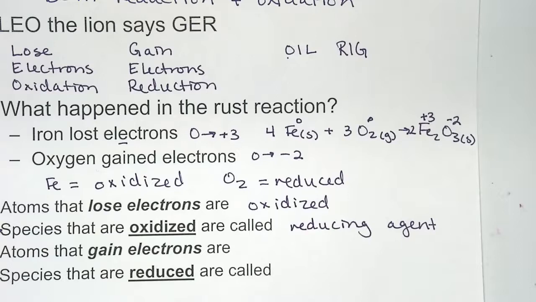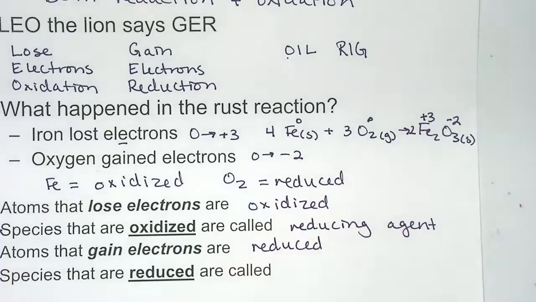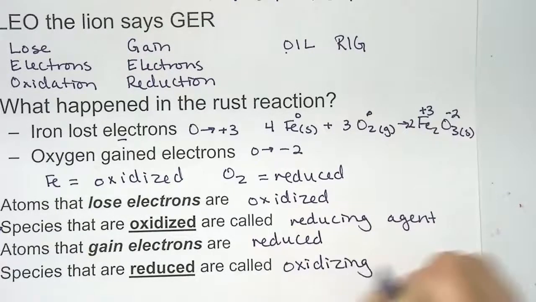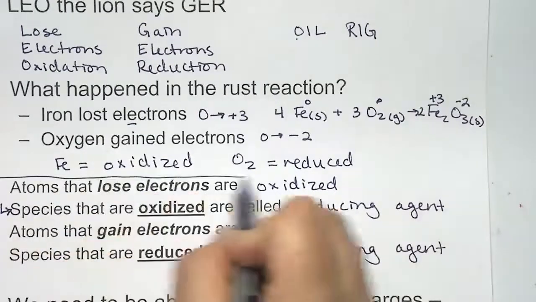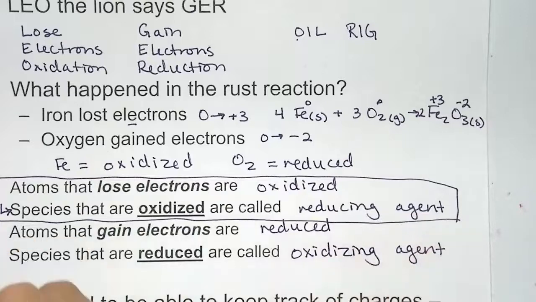Okay, so the thing that gains electrons is reduced. So what kind of agent is it? Oxidizing, very good, oxidizing agents. So maybe I'll box these two things because they go together. Box that one, box that one.